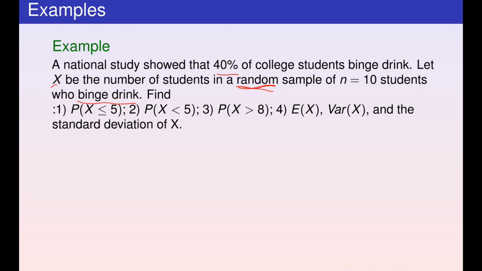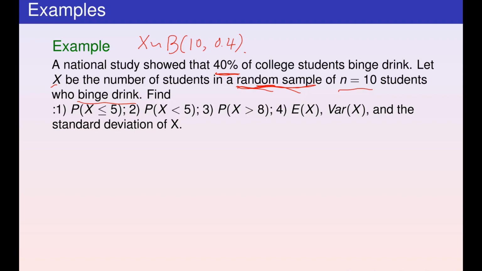From these keywords, a random sample of n equals 10 students with probability of success 40%, it is clear that X has a binomial distribution with n equals 10, p equals 0.4.